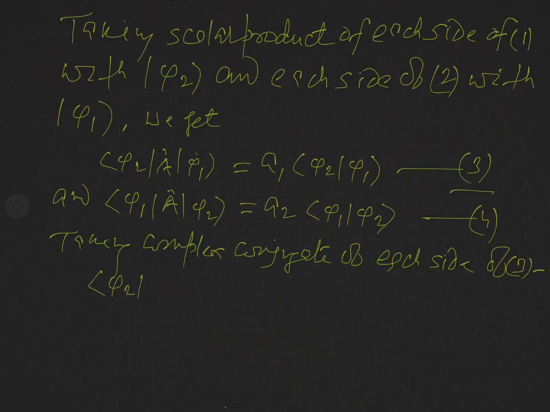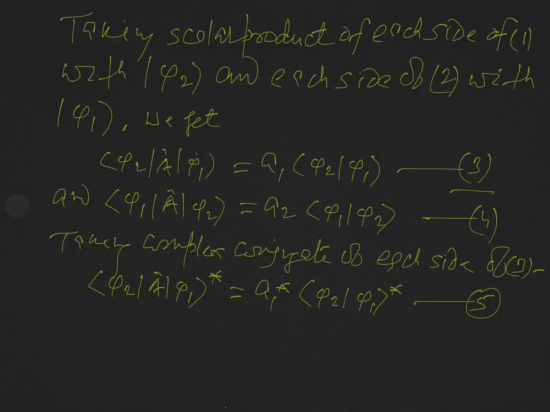This will be the complex conjugate of this product, and this is equal to A1 star times the complex conjugate of the product of phi 2 with phi 1. Say it is equation 5.